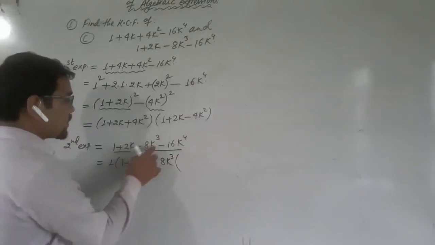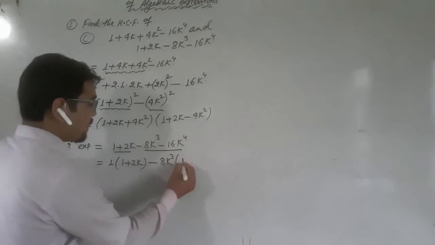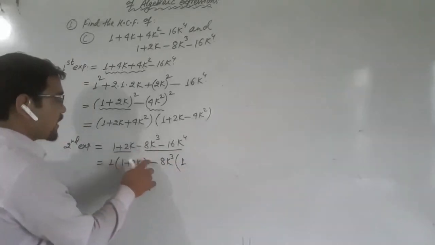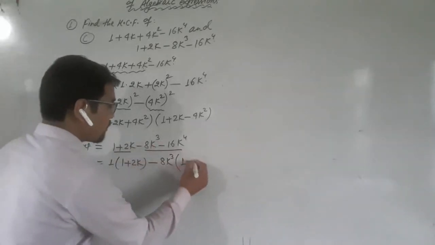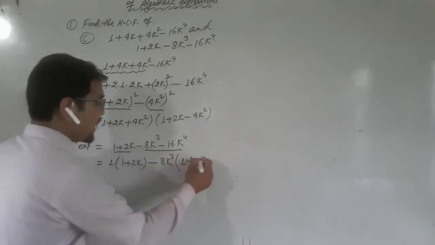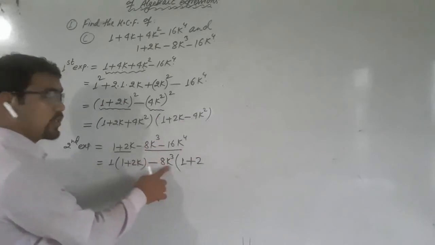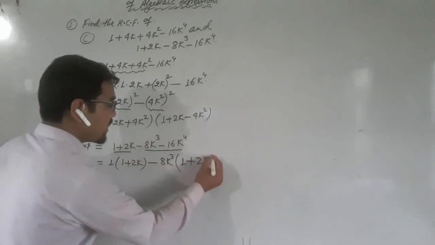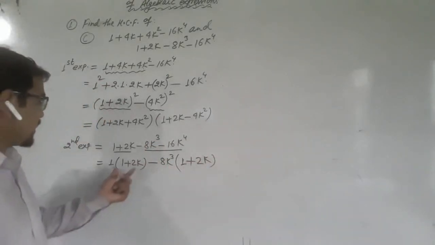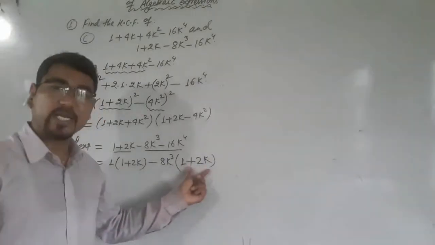The 8k cube is already common, so here remaining 1, and this minus common taken, so minus multiplied by minus we can do plus here. The 8 divided by 16 leaves 2, and k power 4 we have. So out of 4 we have taken cube outside, and 1k still remains here. So everybody, now you are writing 1 plus 2k, 1 plus 2k we are getting common.